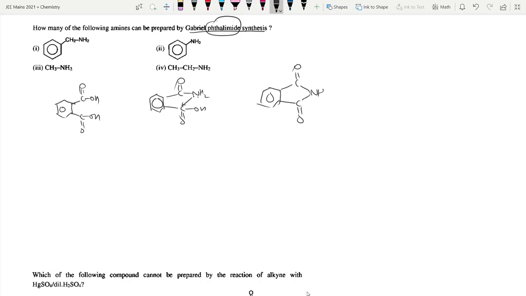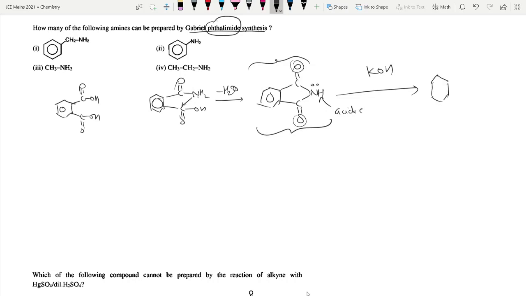You will get NH here, minus H2O. So this is a phthalimide. We start from phthalimide and take a base, KOH let's say, and this hydrogen is acidic, because if it gets released, then the minus charge can be shared with these two oxygens here, as you can see.